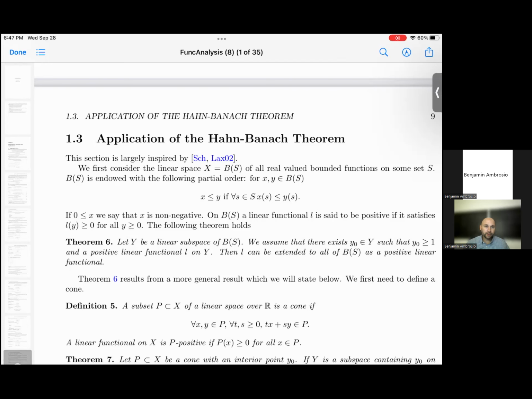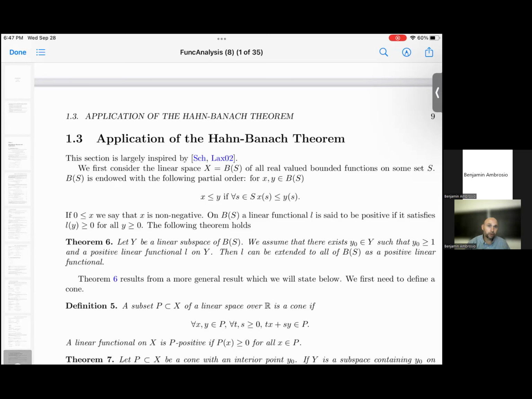So this section relies on the notes from Jeff Schenker at the Michigan University and the book of Peter Lax.